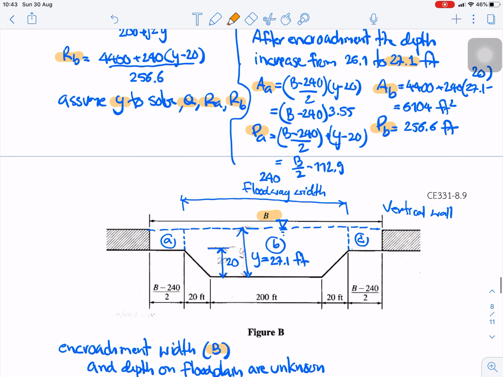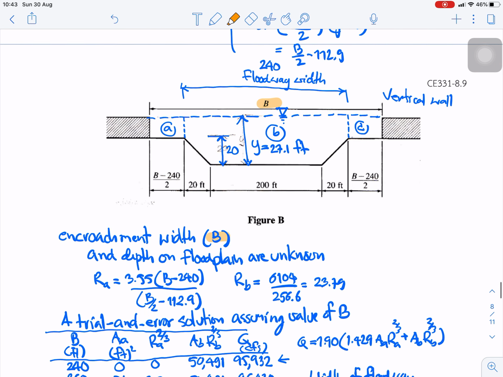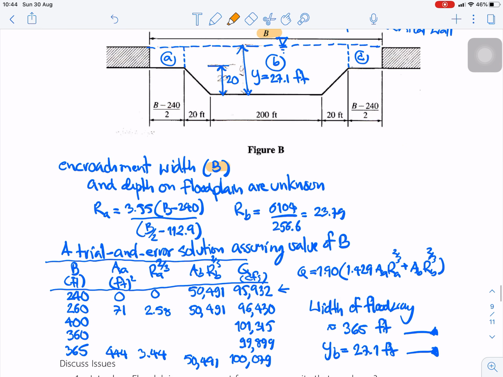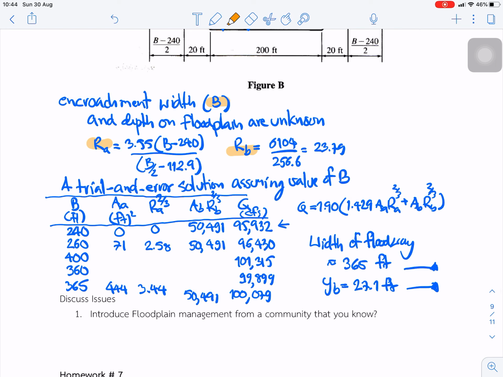After we get the area and parameter as a function of B, we can solve for the radius for sub area A and sub area B. And we make a trial and error solution.